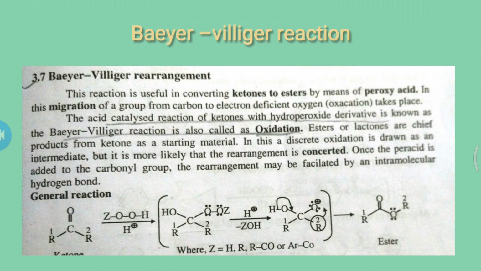So another example of a rearrangement reaction is the Baeyer-Villiger rearrangement reaction. In this Baeyer-Villiger reaction, a ketone converts to an ester by using a peracid. Ketone to ester conversion. In this conversion, peracids are used. The peracid converts to acid and the ketone converts to ester.